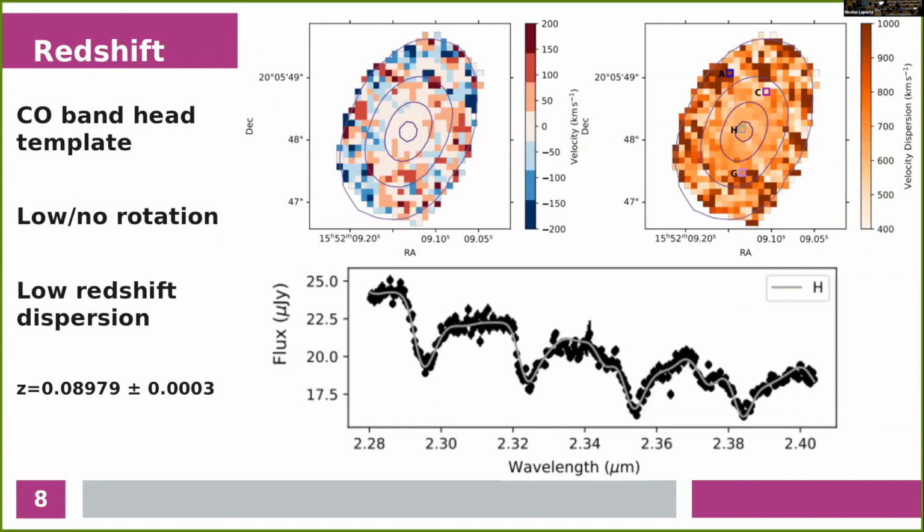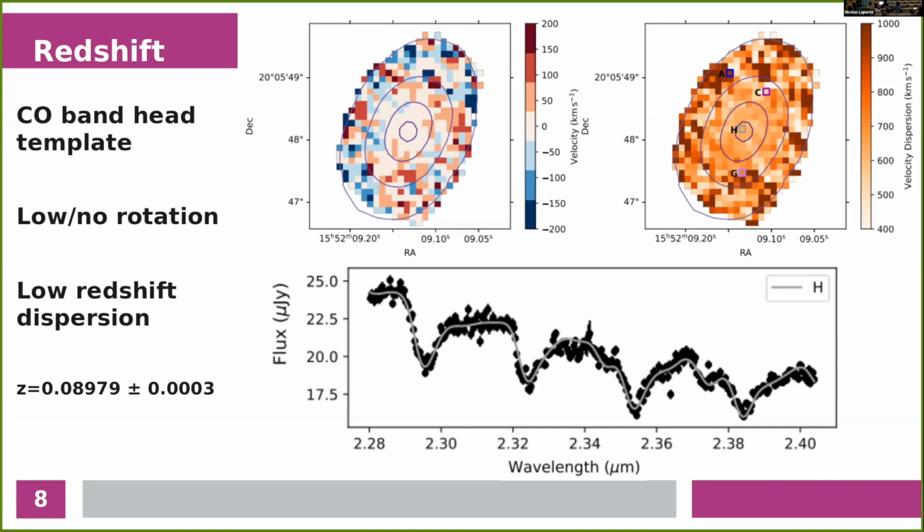The first thing we do is try to work out our zero point, our redshift, so we can get the velocity of everything in comparison. The best way to do this in this case is to use the CO bandhead absorption, because this belongs to the stellar component, not to the gas one. So we take templates for CO bandheads and fit every spaxel individually, and we find, as you can see in the top left, that we get very little offsets in terms of velocity across the galaxy.